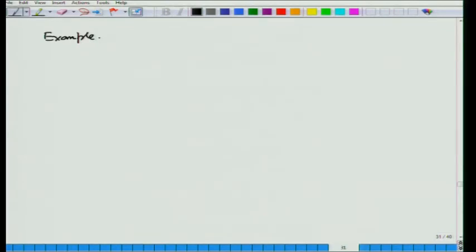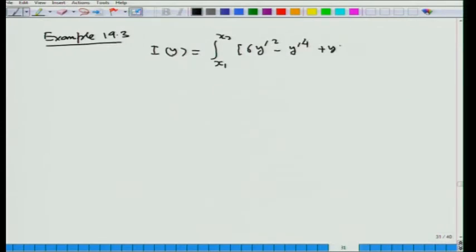Now, the next example, this is 90.3 we will write. Here I(y) is the integral from x1 to x2 of 6 y prime square minus y prime to the power 4 plus y prime dx, and the conditions are y of x1 equal to 0 and y of x2 equal to y2.